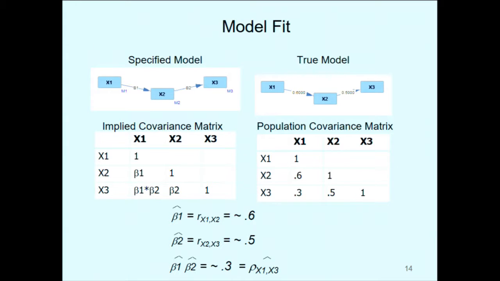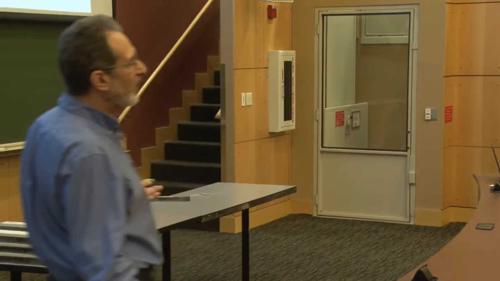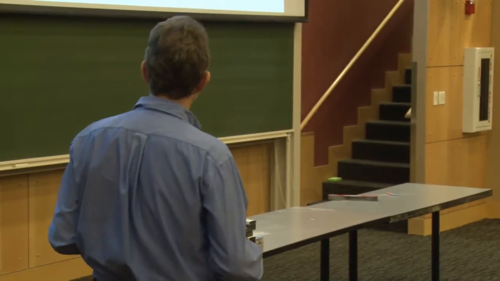I only have 2 parameters to work with. And it turns out in this model that the implied covariance is beta 1 times beta 2. So you have 3 numbers to fit and only 2 parameters to do it. That's why you might be off. That's the constraint this model entails. It only gives you 2 parameters to fit 3 numbers. If you're lucky, you can do all 3 numbers.